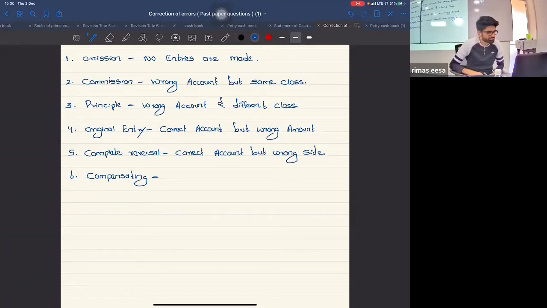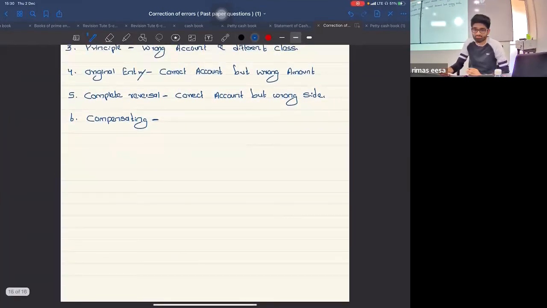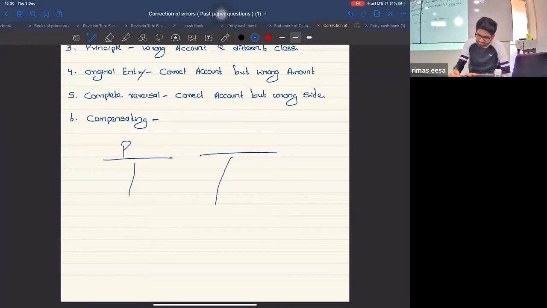What do you mean by compensating? Now, this is a very nice error. You need a lot of understanding for this one. Usually they test you with theory only, but I'm going to give you one calculation. Imagine you're going to pay rent by cash, $50. You have to debit rent, credit cash.